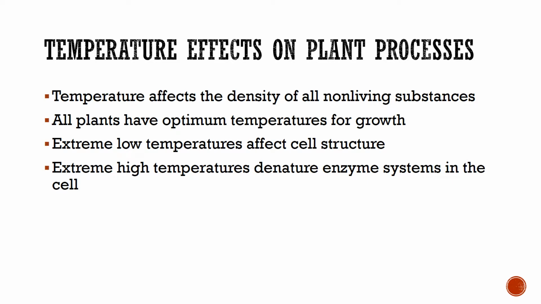So how does the temperature affect the plant process? Again, we talked about stressing and how different plants will stress different ways, but what kind of stressing happens because of the temperature? So we have freeze injury, chilling injury, and heat injury.